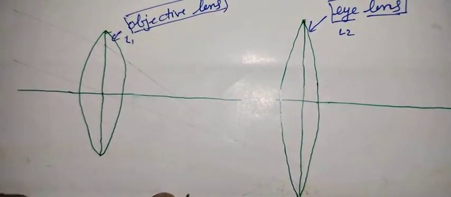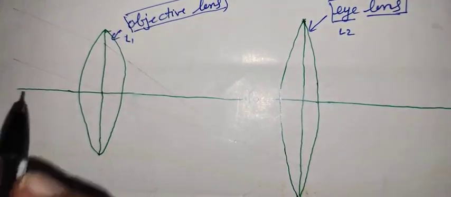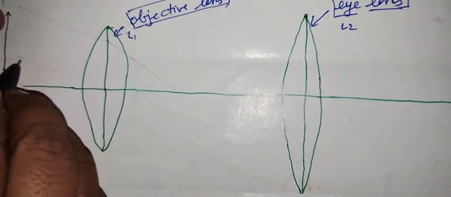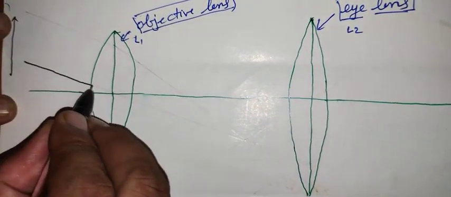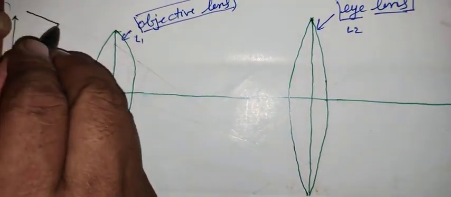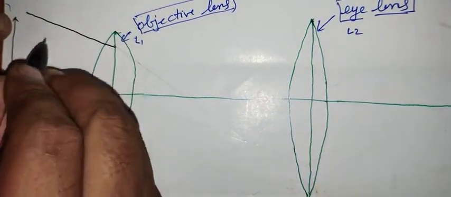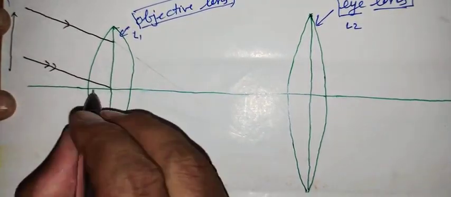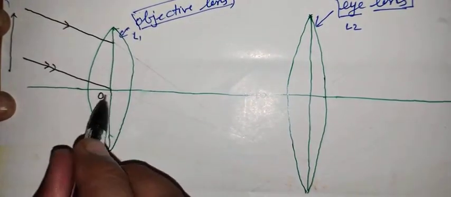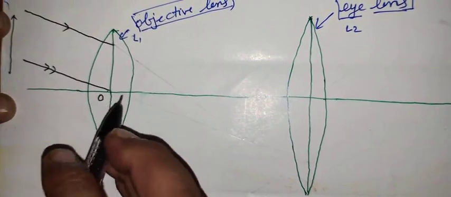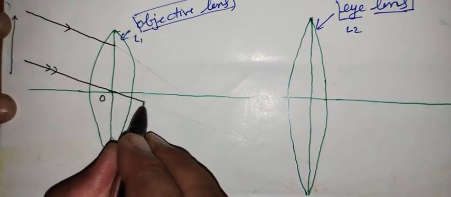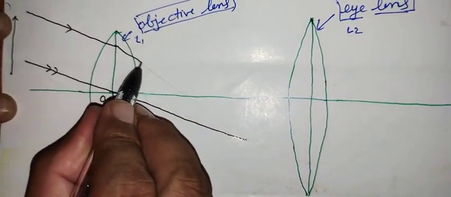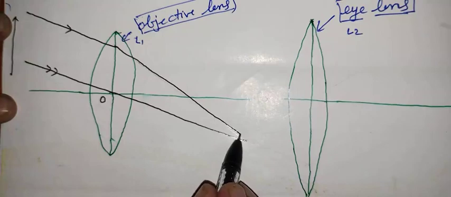Since the object AB is at infinity, we will take parallel rays of light from infinity. The first ray and the second ray pass through the optical center of the objective lens undeviated, and they will meet at a focal point.